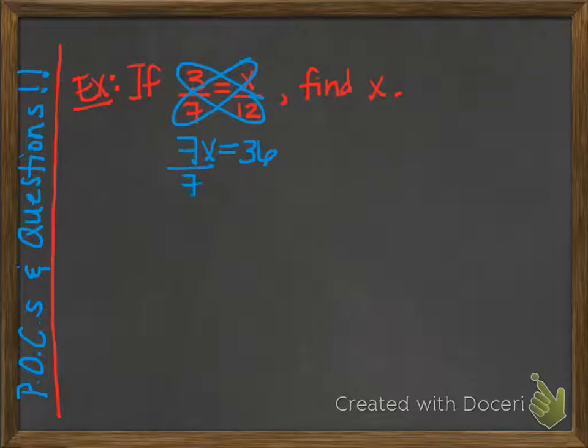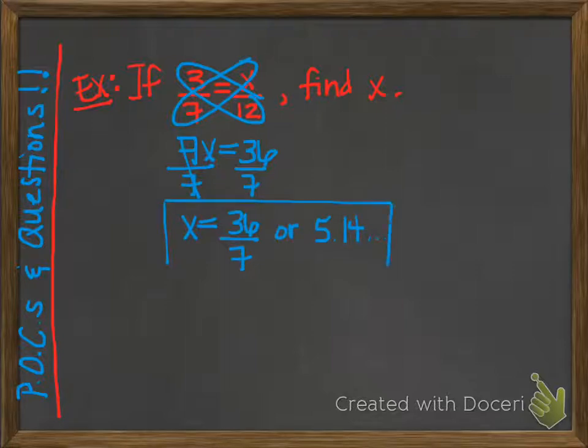We're going to divide both sides by 7. So x equals, I can write it as either a fraction, 36/7, or if I want to convert it to a decimal, I think it's about 5.14 something. So very, very simple if you're just solving a proportion.